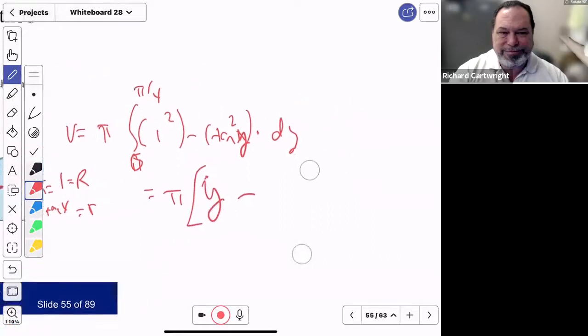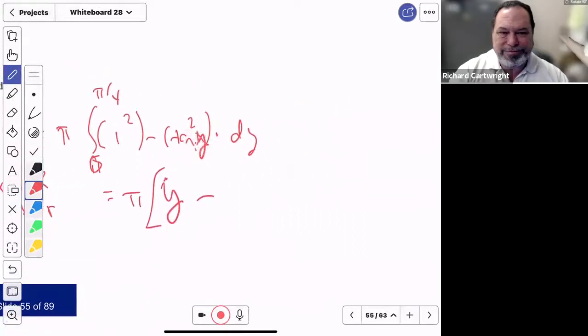minus, what's the integral of tangent squared? What I was going to say is, the derivative of what is tangent squared? You need to have it quicker than that. And if you don't know, I ask myself, what's the derivative of secant?